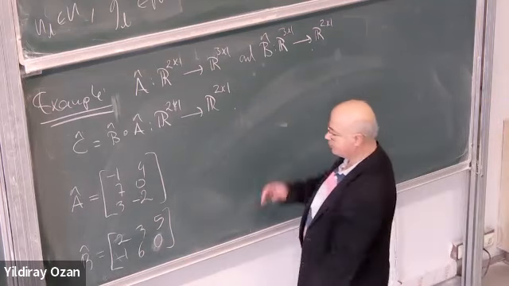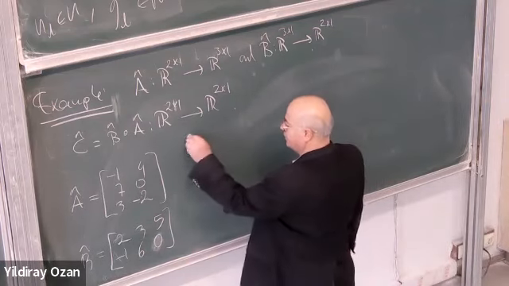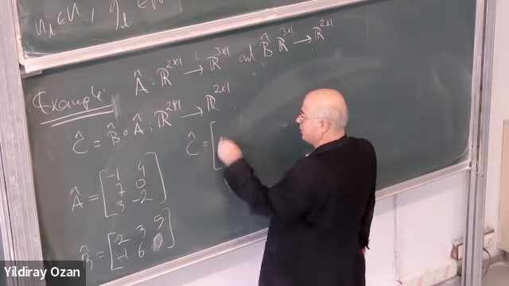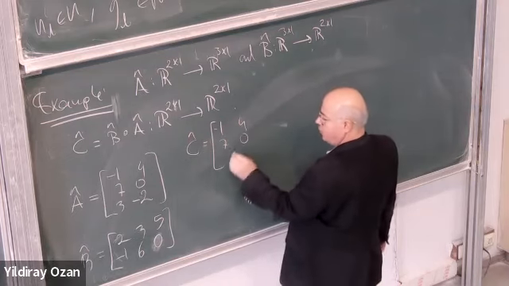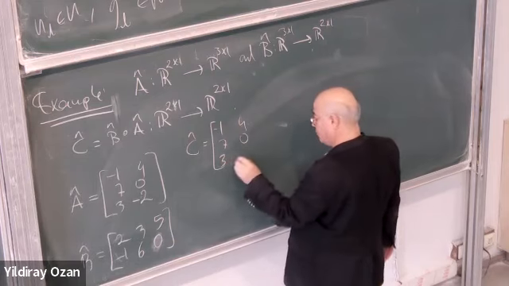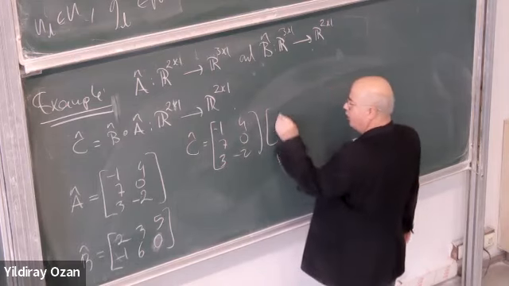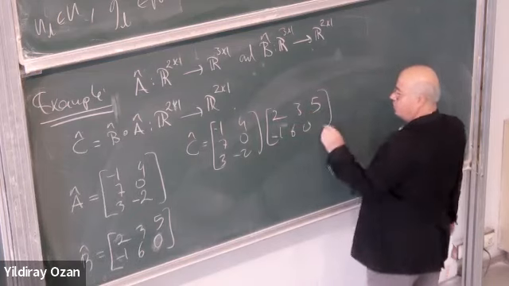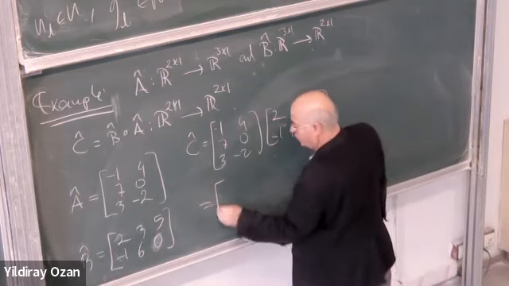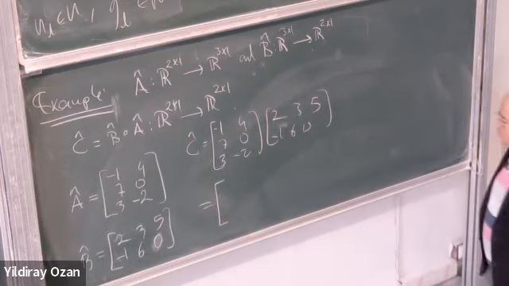All right. So C hat is then what? It is just 1 minus 1, 4, 7, 0, minus 3 minus 2, and then you have 2, 3, 5, minus 1, 6, 0. So this is a 2 by 2.